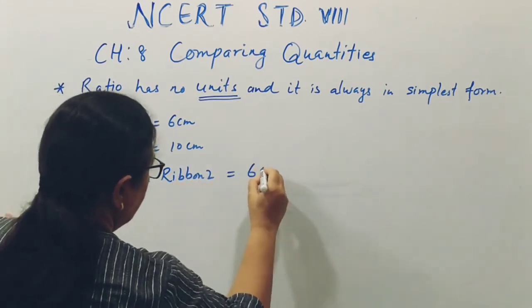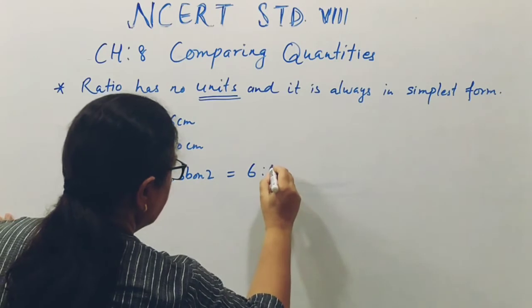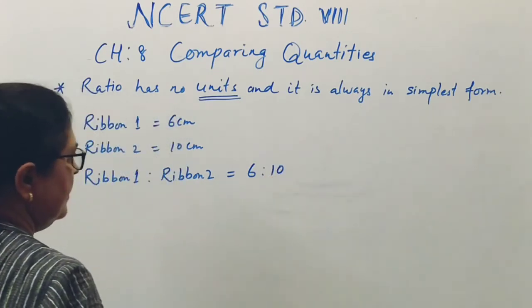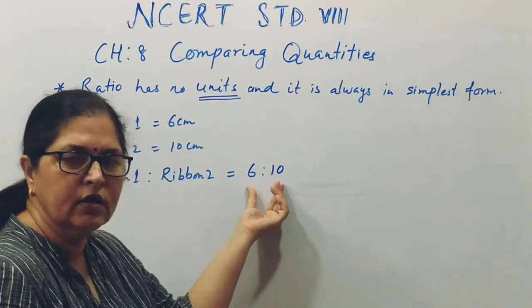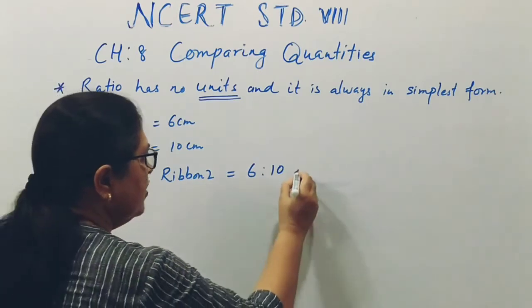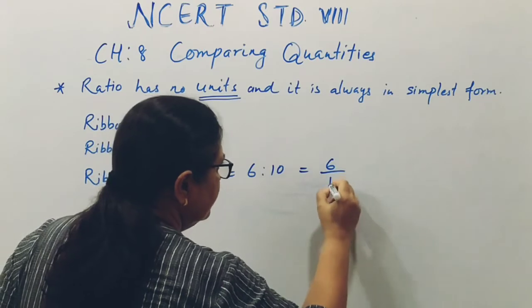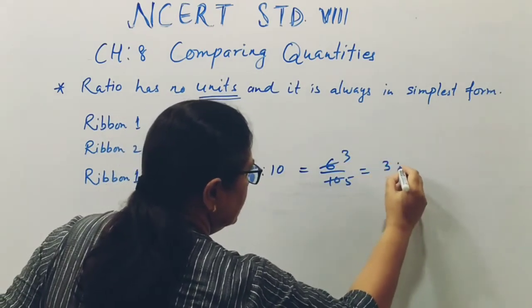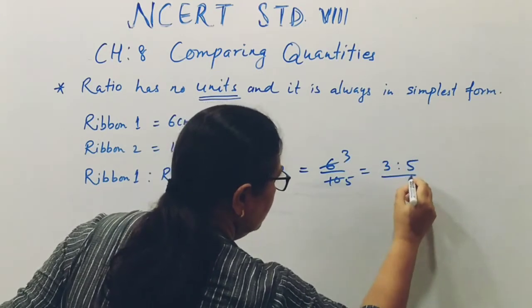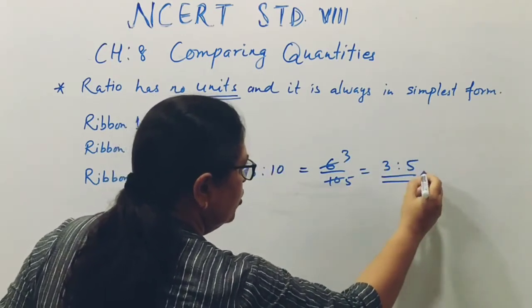Then it is 10 is to 6. But it is not the ratio because it is not in simplest form. So we can write it as 6 upon 10, means 3 upon 5. So the ratio is 3 is to 5 and it has no units.